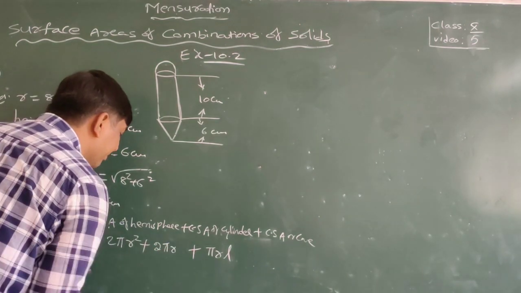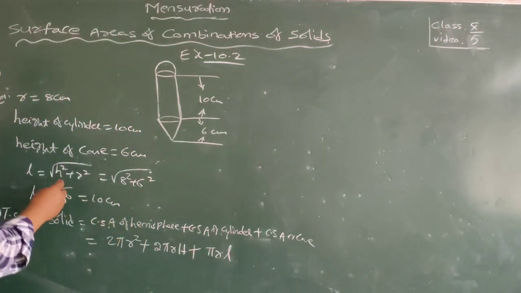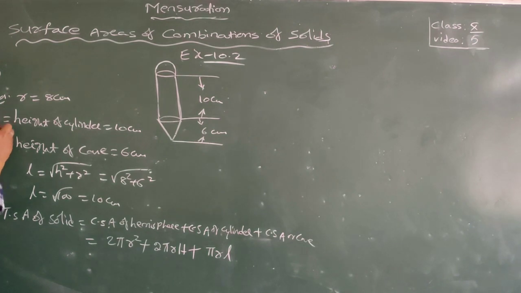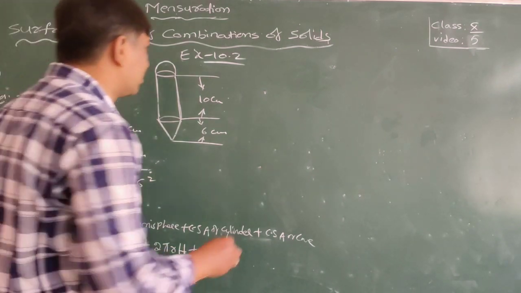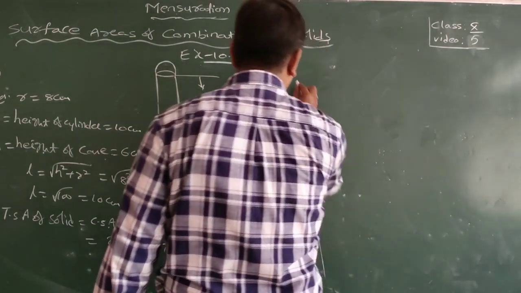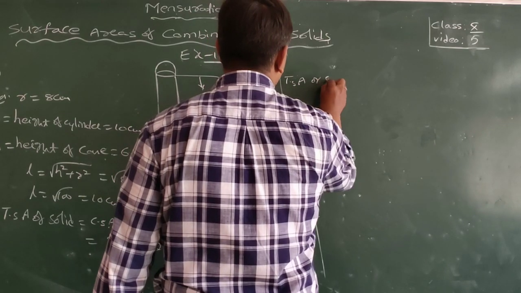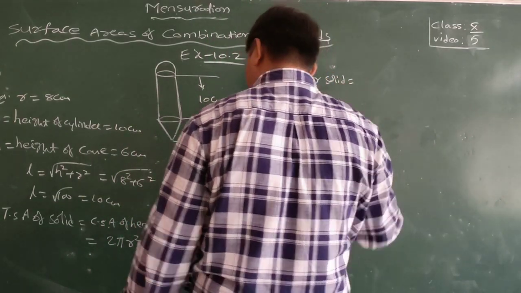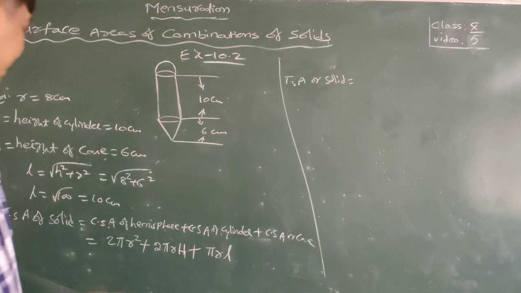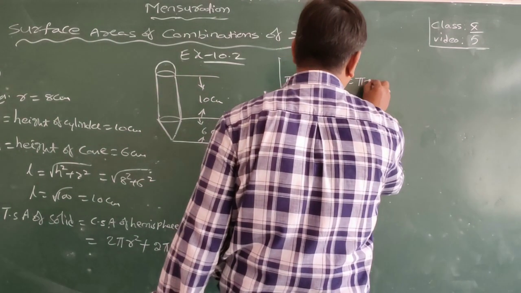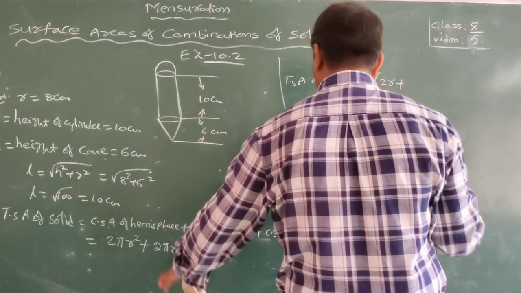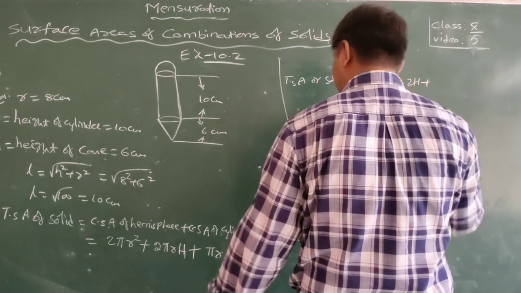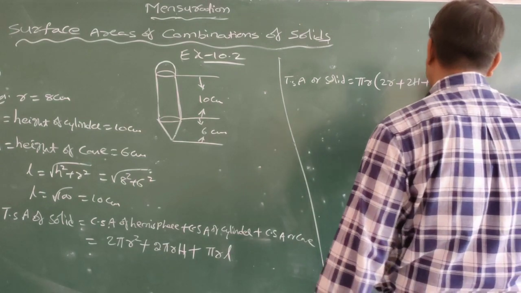Here h is a different h, so I am taking capital H for the cylinder and small h for the cone, without confusion. TSA of solid is equal to, taking pi r common, pi r into 2r plus 2H plus l.